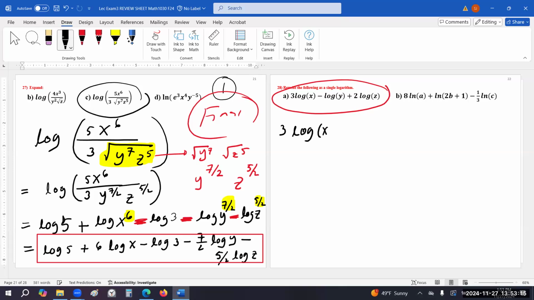So 3 log x minus log y plus 2 log z. Before we combine, what do we do? We take the coefficients and move them to the power. So every coefficient must go to the power.